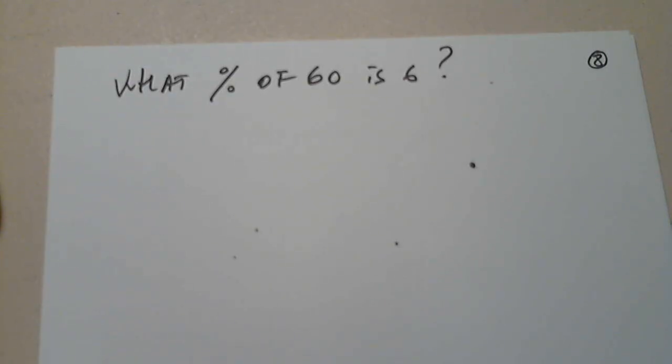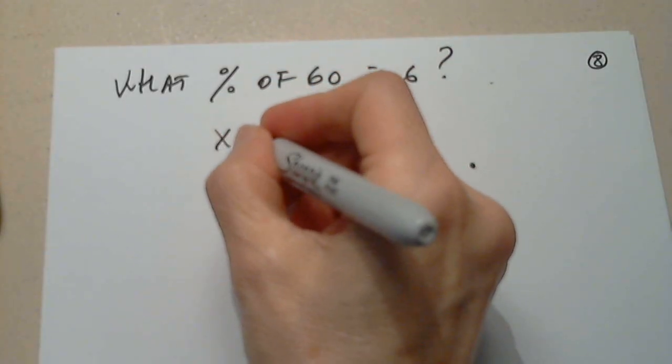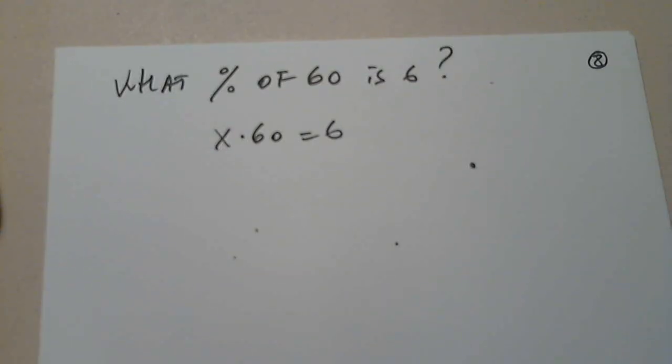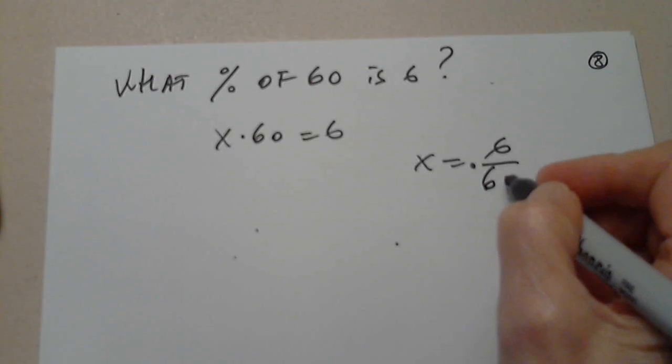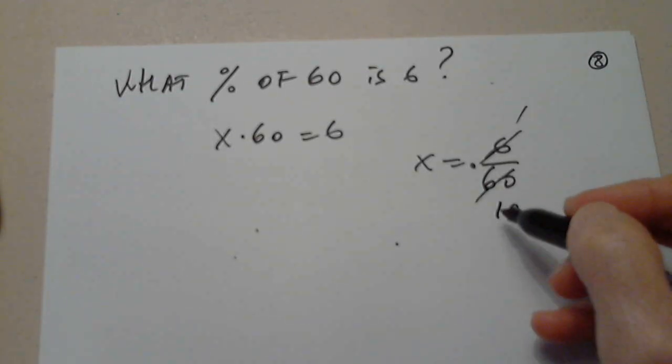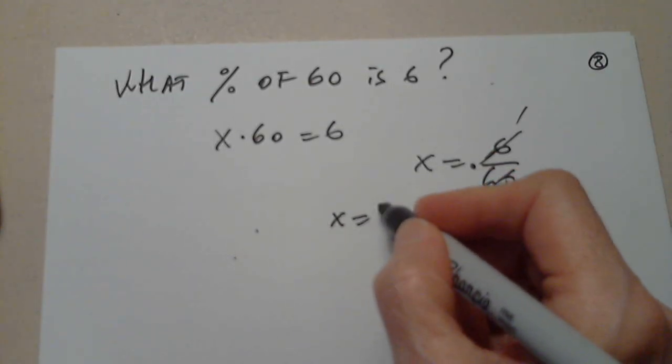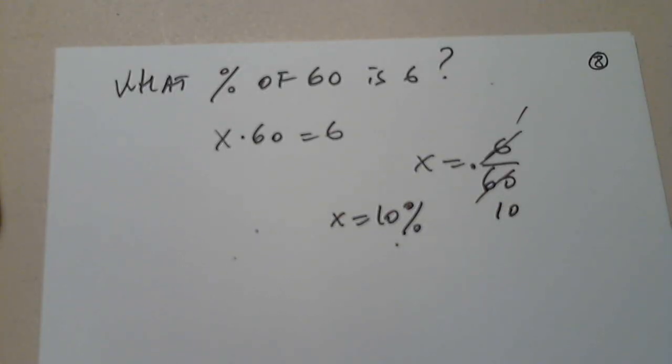Yes, how do I write this? Is it x times 60 equals 6? Absolutely. So again, this is the same thing. x equals 6 over 60. I simplify. This is 0.1, so it's again 10%. Very good. Oh, I got 90.